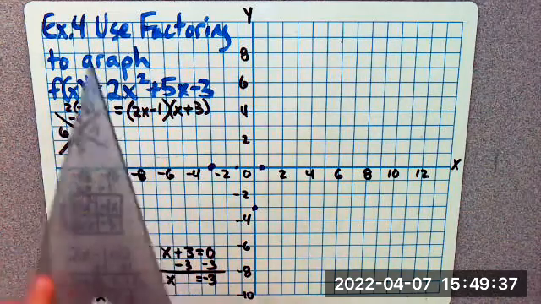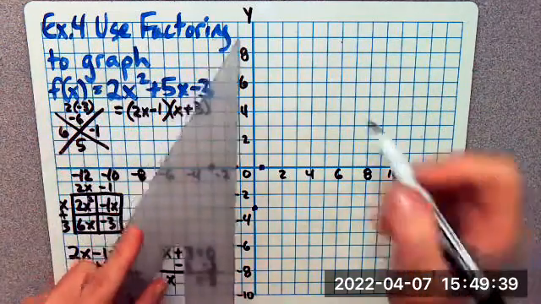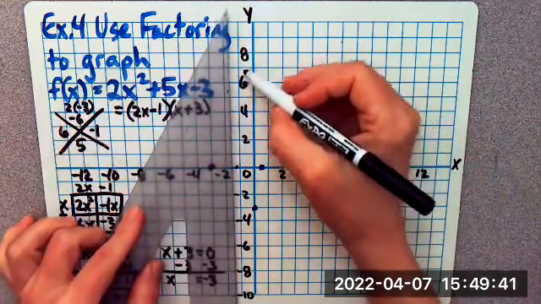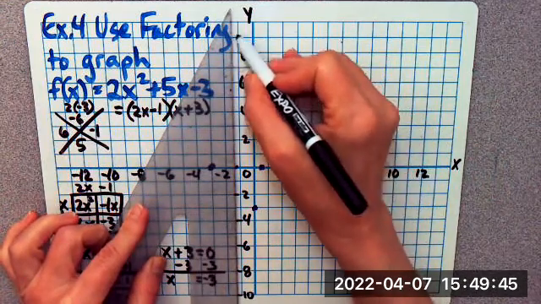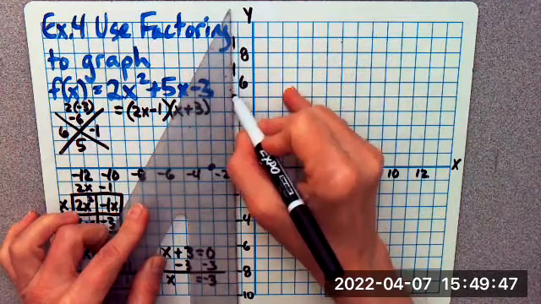That's a wonderful thing about finding the roots: you can find the axis of symmetry by taking the average of the two and finding where this is.